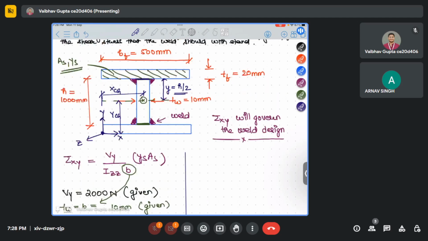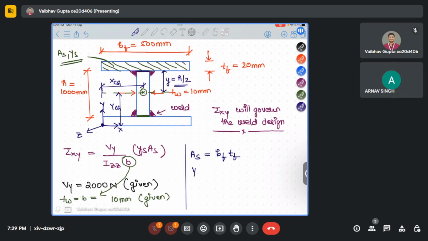What is AS in this problem? Area of the shaded portion. The shaded portion is nothing but the flange, so it is a rectangle and the area will be BF into TF. And what is YS? It is the distance from this CG to the CG of this rectangle.